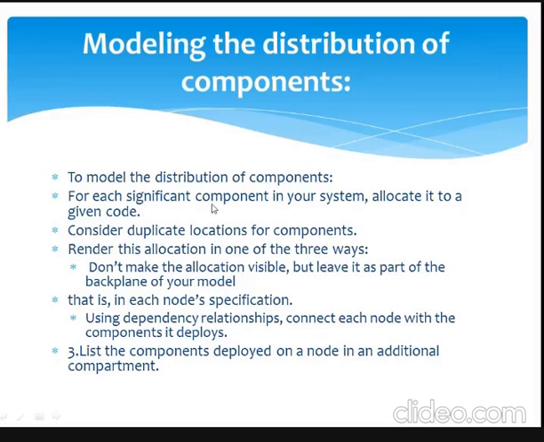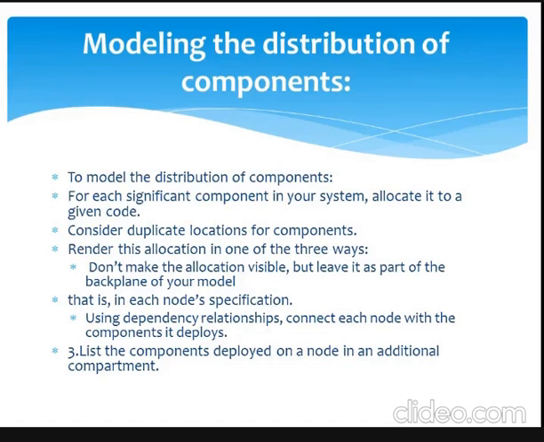After identifying the nodes, we connect each node by using some relationships like dependency, association, generalization, or any notation. If possible we can take an additional compartment to name the components, and we can also make these components a black plane of our model.